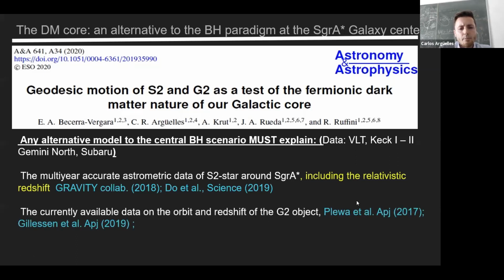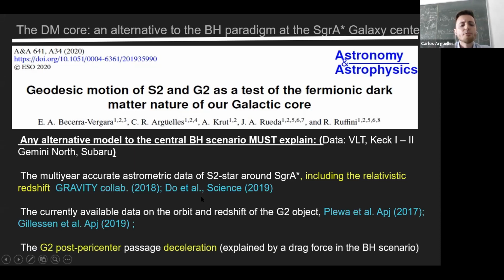But I also have to be able to fit the most currently available data of the orbit and redshift of the G2 object, which was also possible to detect, and the G2 post-pericenter passage deceleration, which in the black hole paradigm was explained in terms of a drag force.